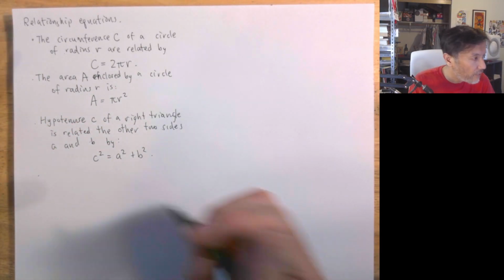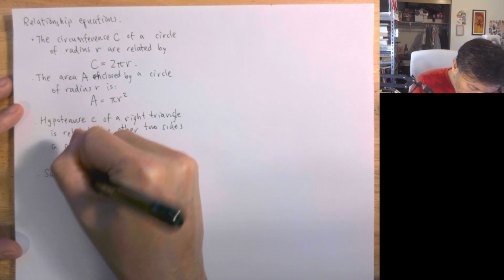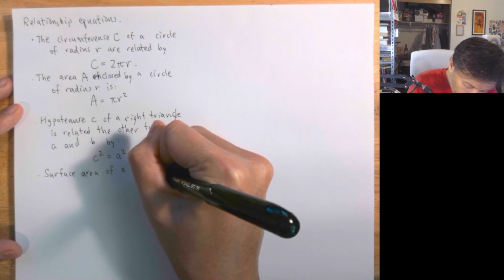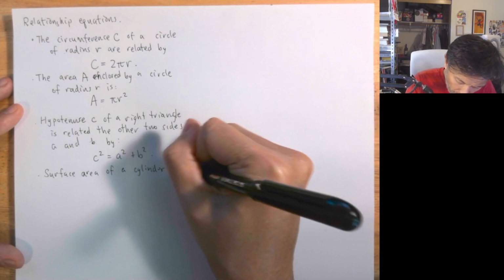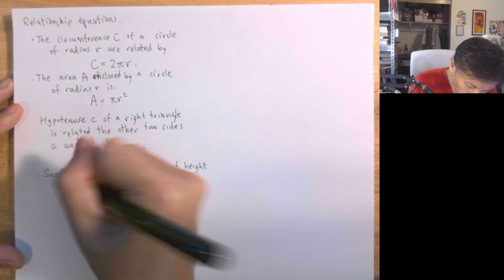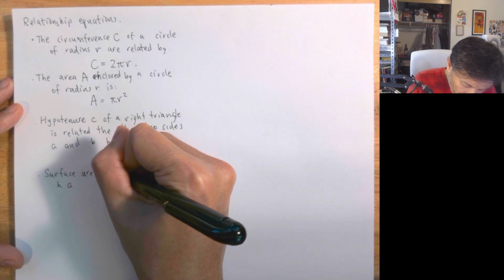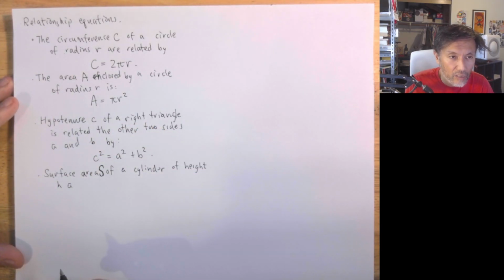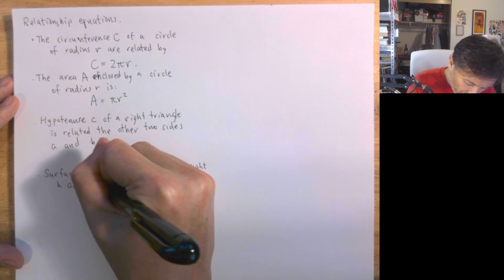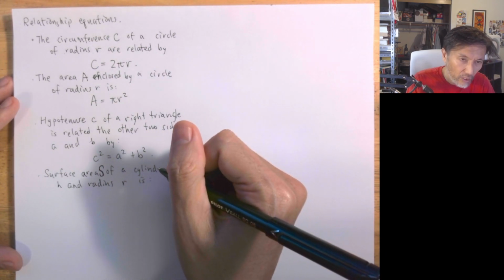We'll develop later the fact that the surface area of a cylinder of height h, and I should call surface area S, because S is the first letter of the word surface, of height h and radius r, I'll draw you a picture, is surface area.